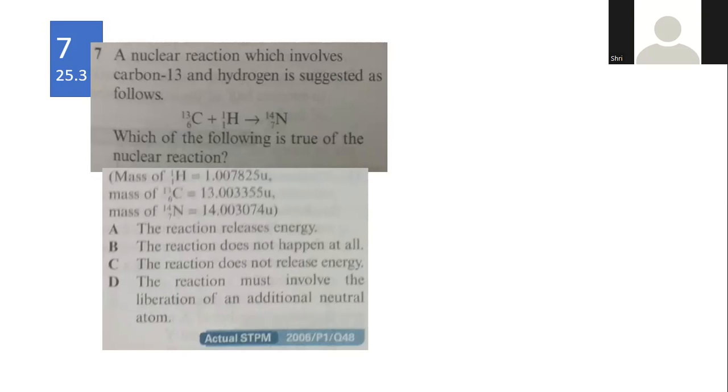No? Okay. A nuclear reaction which involves carbon-13 and hydrogen is suggested as follows. Which of the following is true of the nuclear reaction?